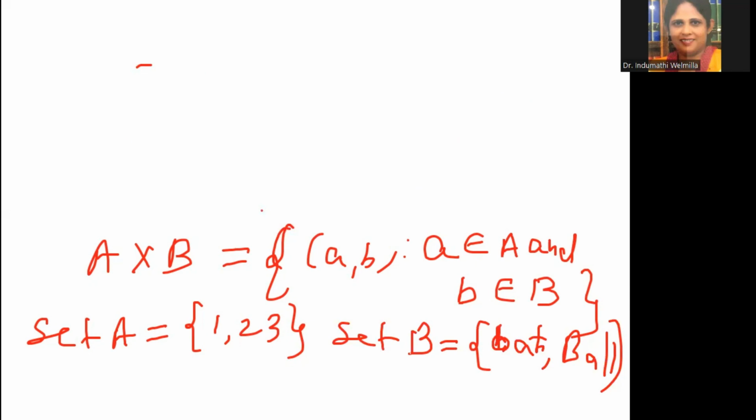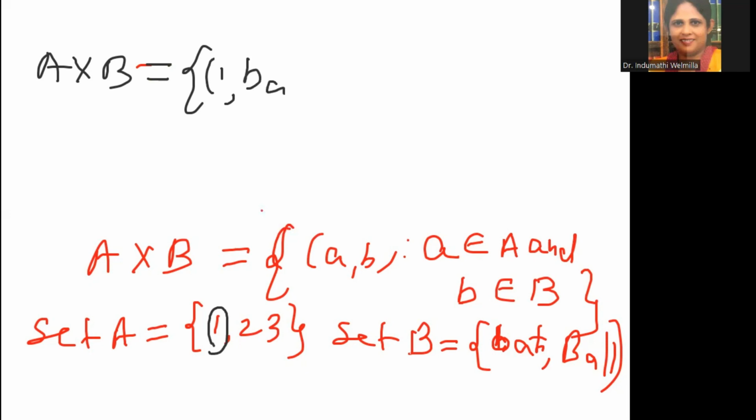Okay, then A multiplied by B. Right? A multiplied by B is (1, bat), for set A1 and bat from set B. Then another object can be (1, ball).